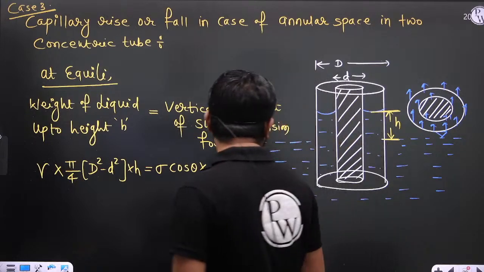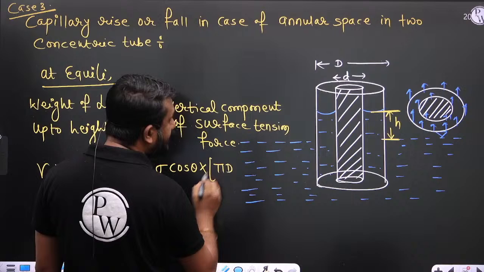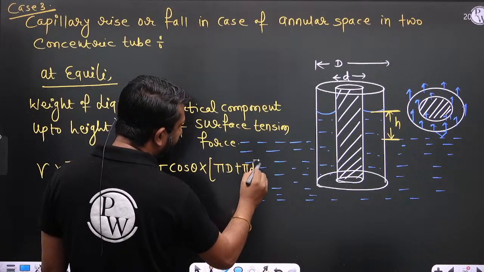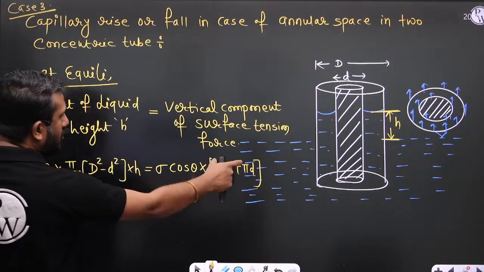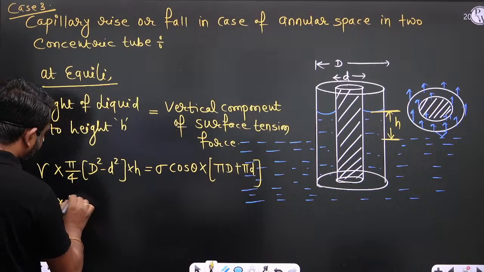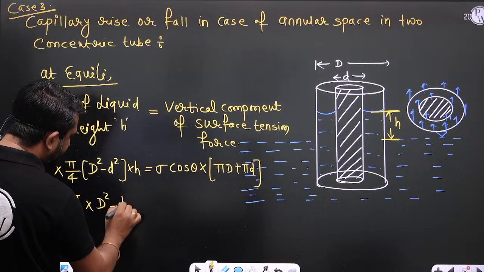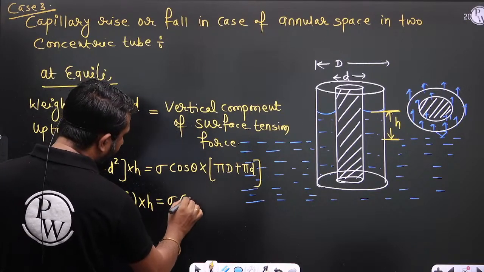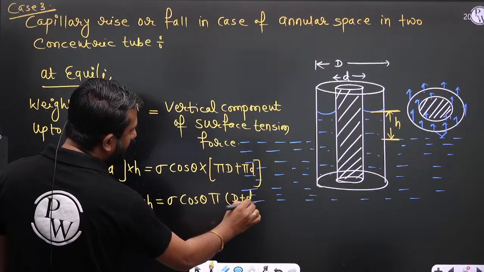So sigma cos theta multiplied by pi capital D plus pi small d. Is it correct? Is this length clear or not? So gamma multiplied by pi by 4 into (capital D square minus small d square) into h is equal to sigma cos theta pi (capital D plus small d).